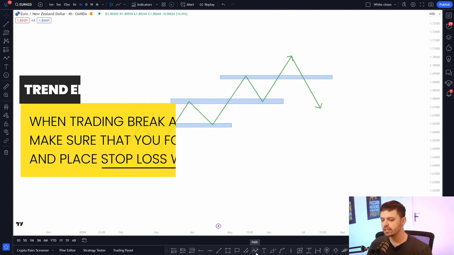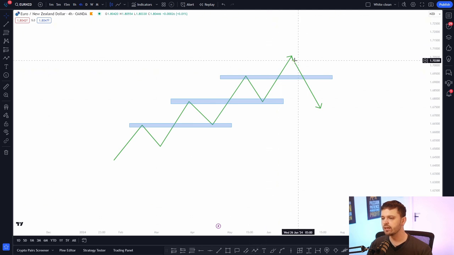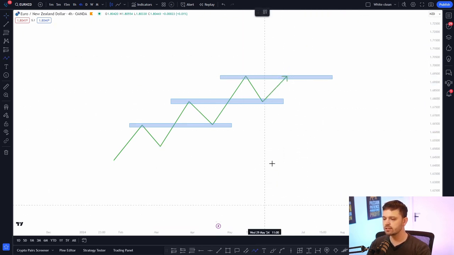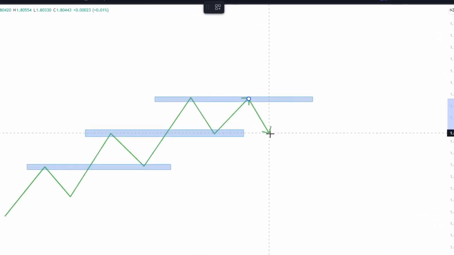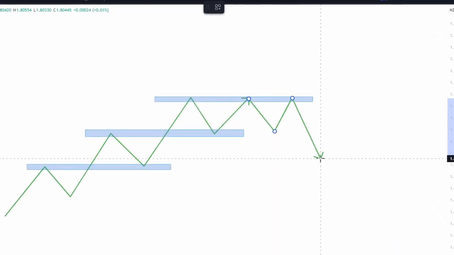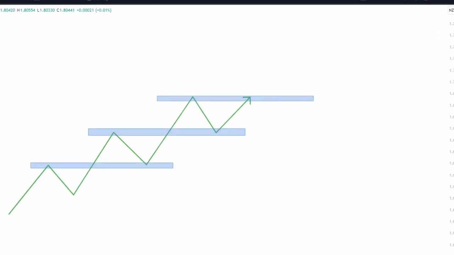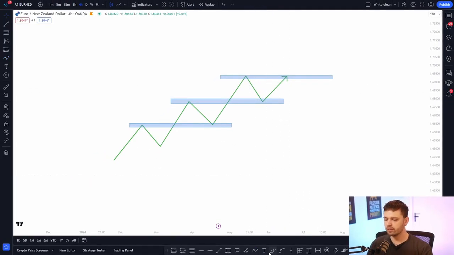If a trend is invalidated, it will a lot of times look like this. You might form a range or you might break down. If you form a range, the end of the trend will usually be here at the last local high. That's why you want to TP at the last local high, or the FTA, the first trouble area, and you want to place your stop loss below the previous low, depending on the risk reward.